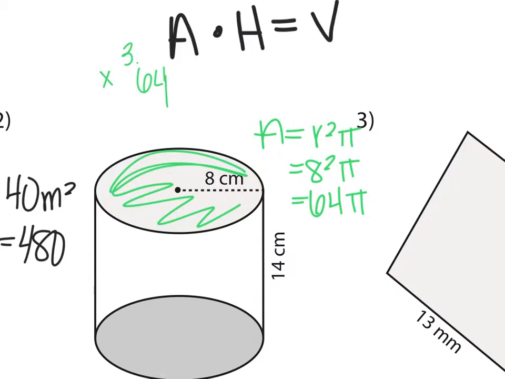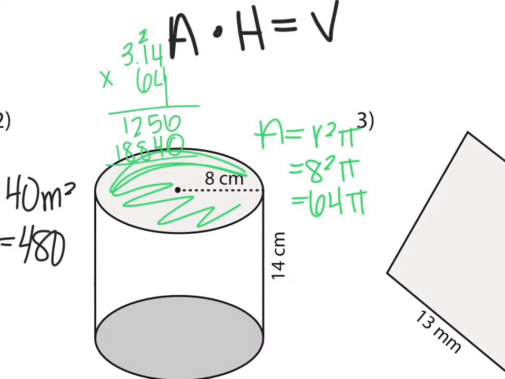So if I do 64 times 3.14, 4 times 4 is 16, carry the 1, 4 times 1 is 4, plus 1 is 5, 4 times 3 is 12, then 6 times 4 is 24, put a 4 there, put a 2 there, 6 times 1 is 6, plus 2 is 8, 6 times 3 is 18.